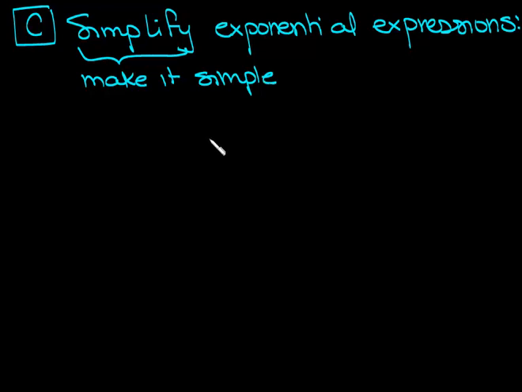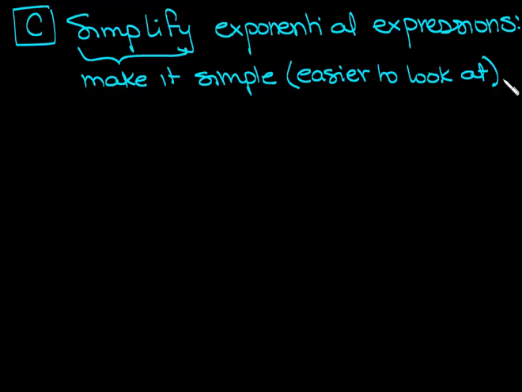Just crunch the expression down so it's easier to look at. I always tell my students to think of it as easier to look at. Okay, and you'll come across that a lot. We simplify a lot of expressions in algebra, so it's a common terminology.